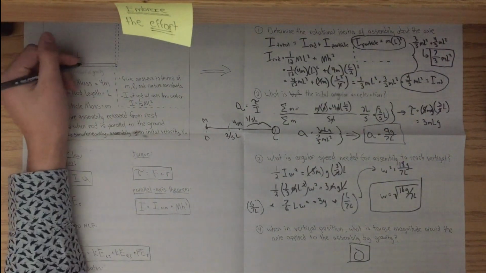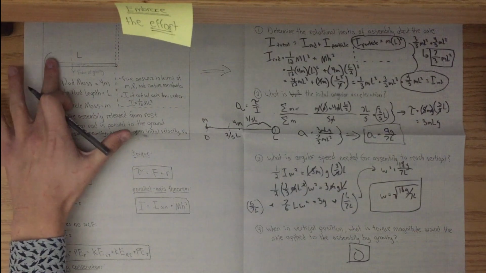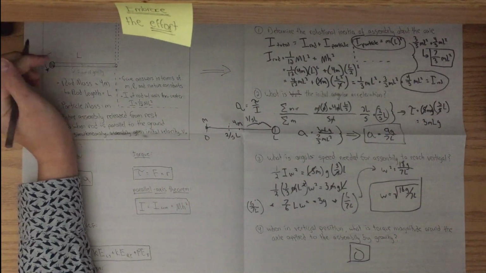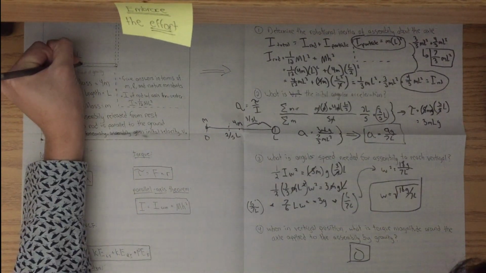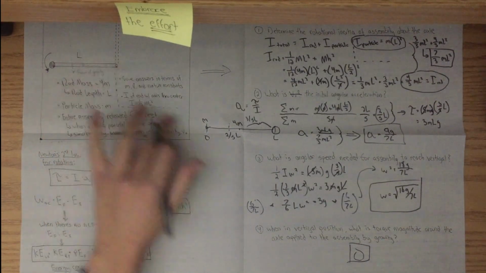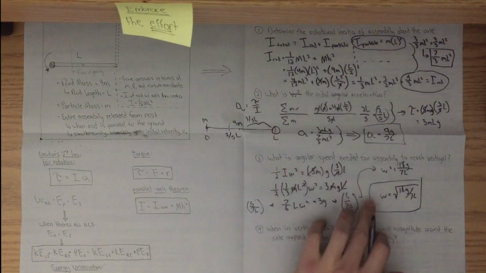So we know that that's L over 2, because again, we're doing this piece by piece, just worrying about the rod here, not the particle. The center of mass of the rod alone is in the center, because we have a uniformly dense rod. So it's right here, and that means that we are half the distance of the rod away, which is L over 2. So 4m times L over 2 squared.